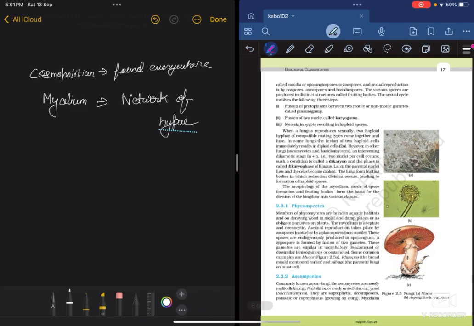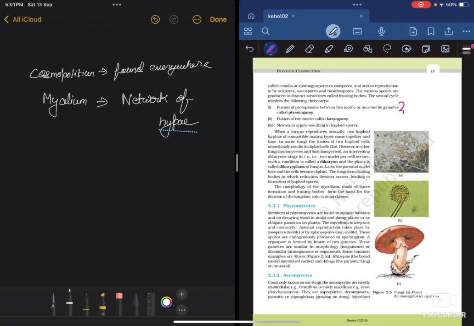Now these are some important stages. Plasmogamy means fusion of protoplasm between two motile or non-motile gametes. Motile gametes can move easily, while non-motile gametes are stagnant and cannot move easily.